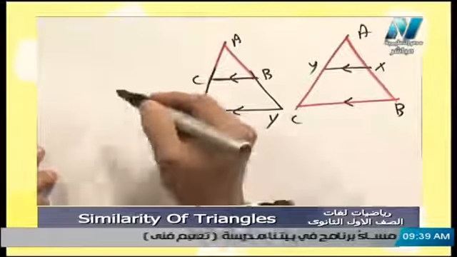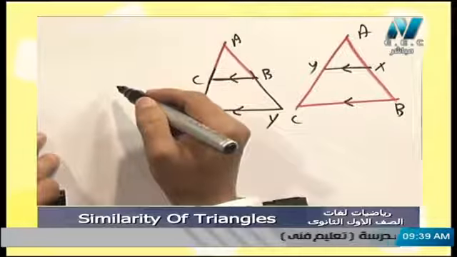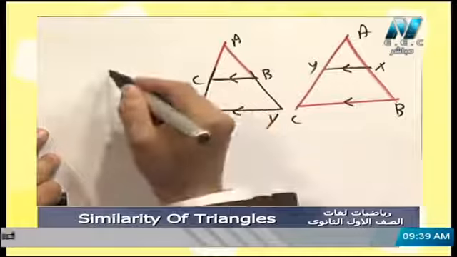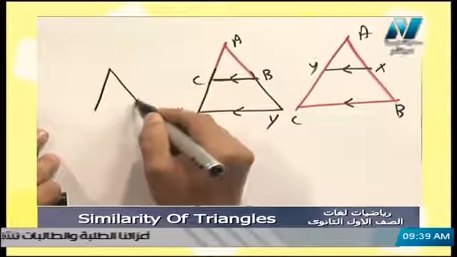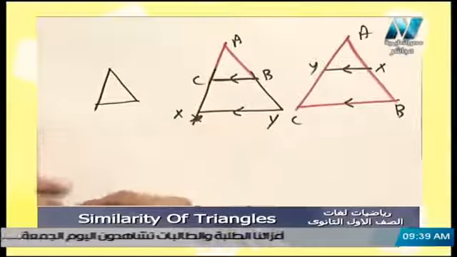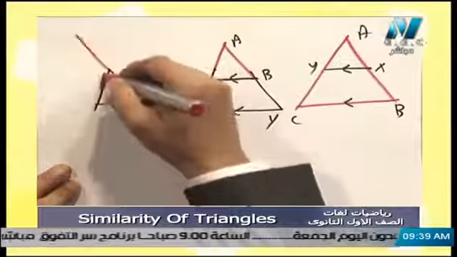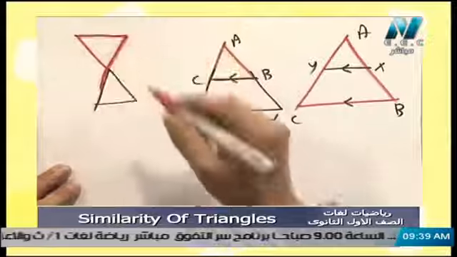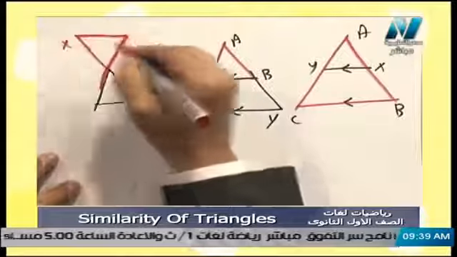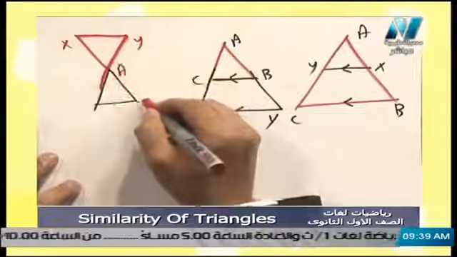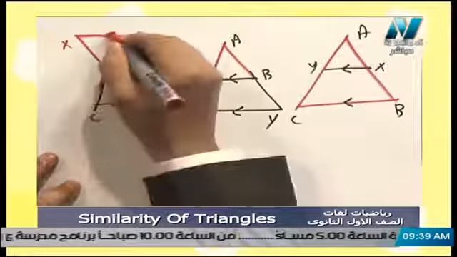And also if we have a triangle ABC and an expansion like that, XY is also parallel to BC.